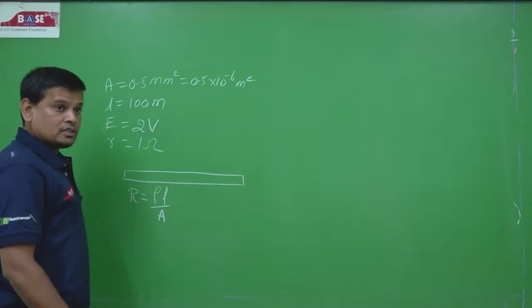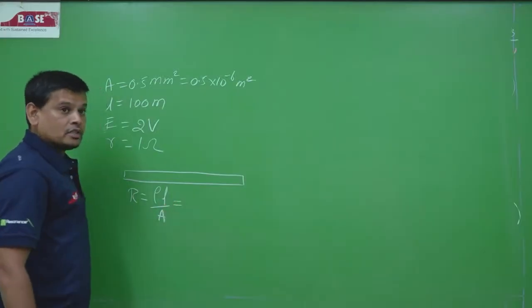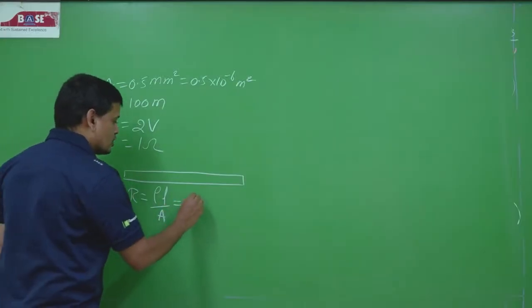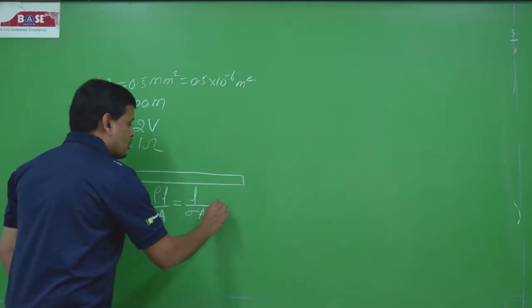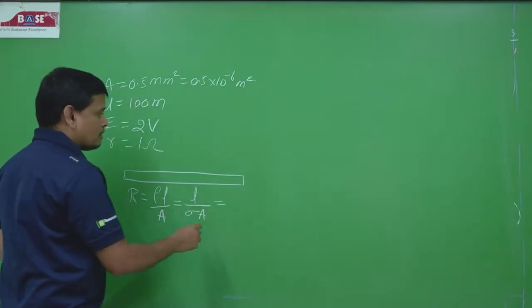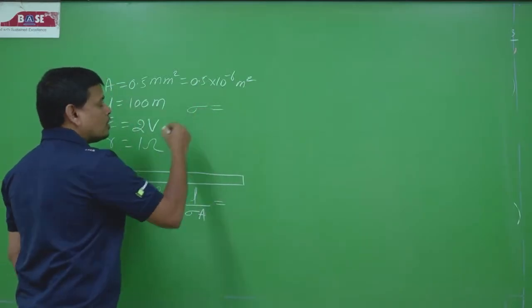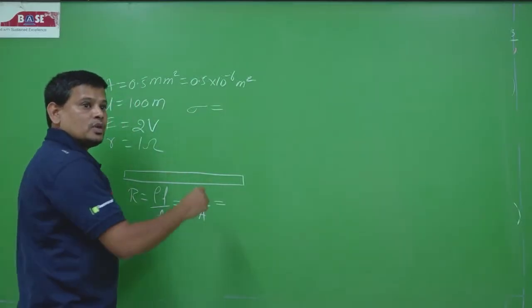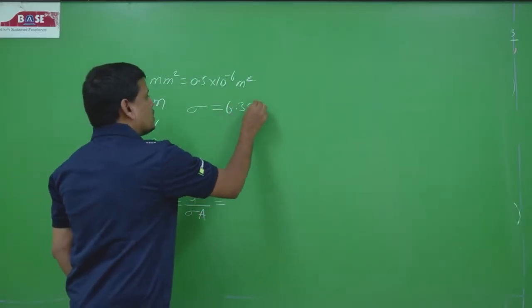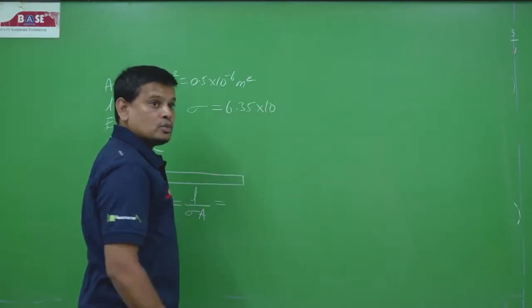Rho stands for the resistivity, but the question is given in the form of conductivity. So taking the inverse, the resistance is L divided by sigma times A. If I substitute all the values, the conductivity of the wire is 6.35 times 10 raised to 3.